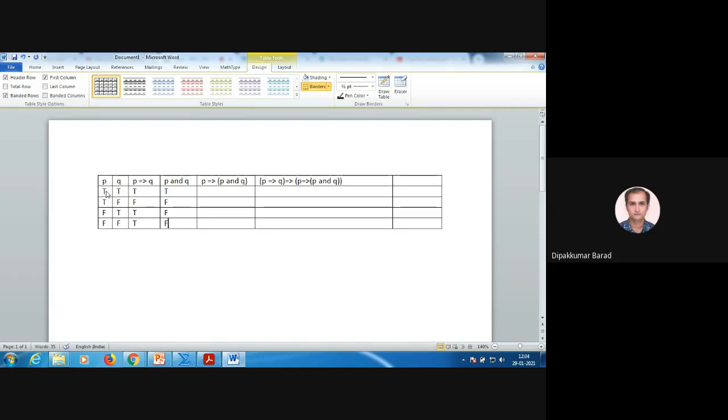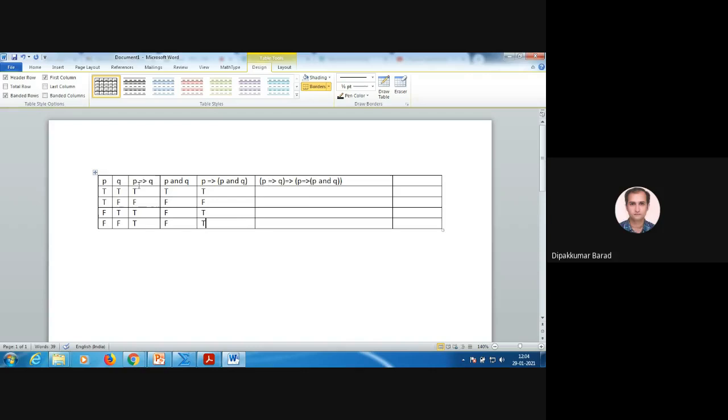Now P implies P and Q. So P we have T, and T implies T, which I get T. T implies F, which I get F. F implies F, which I get T. F implies F, which I get T. Now this I write in this column, P implies P and Q, which I have found here.